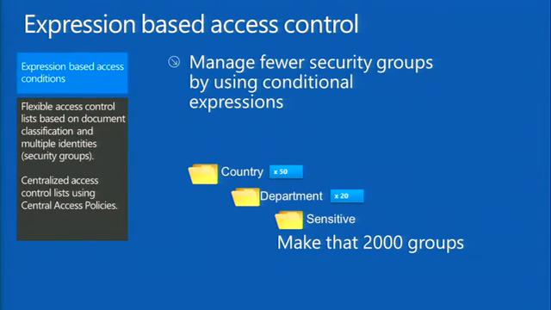I still need to go and apply 2,000 ACRs because each folder has its own ACRs. But if I identify the data, I can potentially use that identification to apply security as well, right? So now we can take these 2,000 ACRs and change them to only 71 ACRs, because I can say if the file is from US, then allow access to people from US.